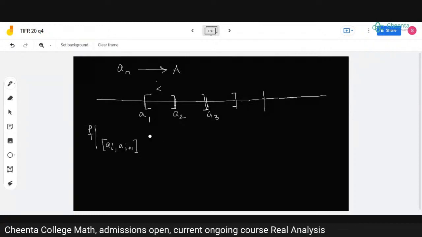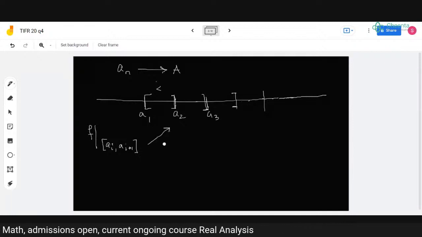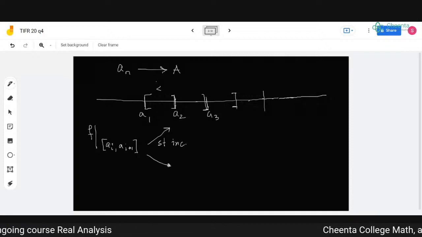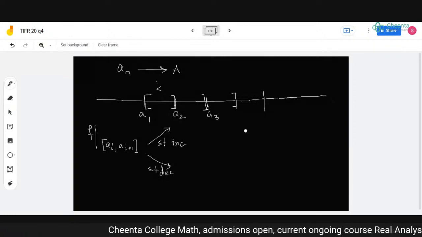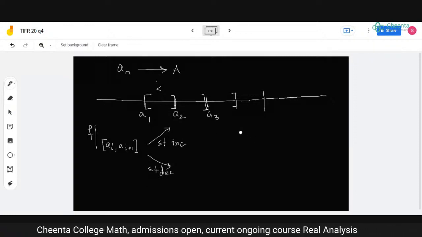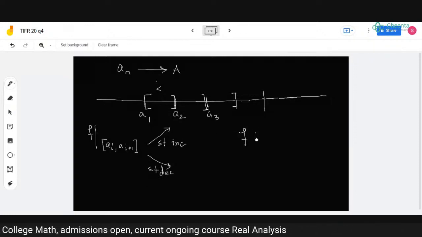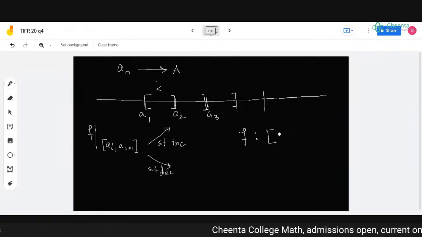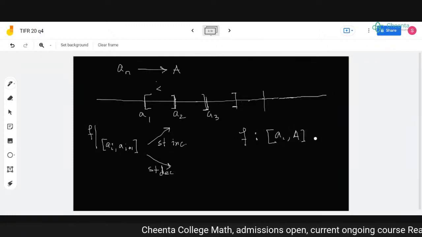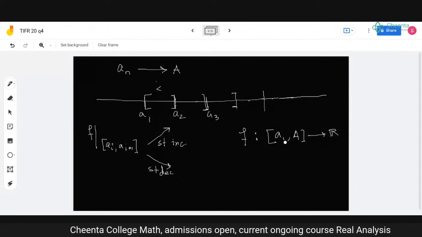The fact is that it is given that the restriction to (ai, ai+1) is either strictly increasing or strictly decreasing. What does that actually mean? It means that I can very well take my entire function f to be strictly increasing from (a1, a) to R. So this is also a possibility.